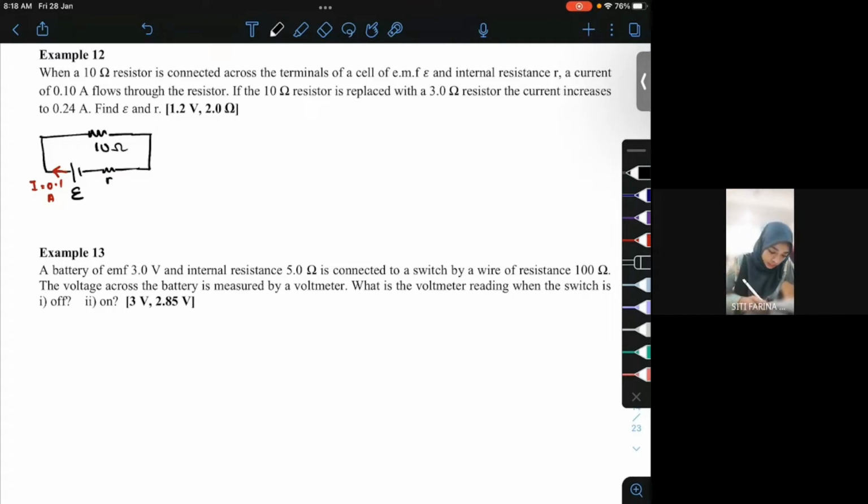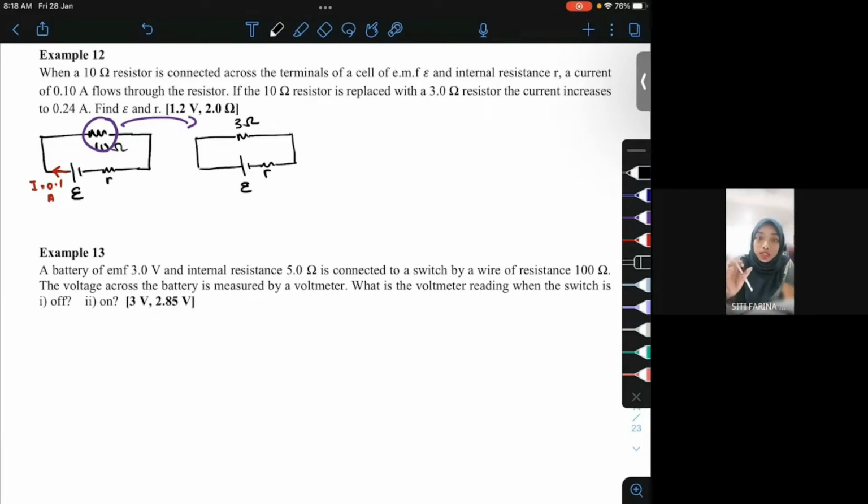So maksudnya sekarang apa yang kita buat adalah kita ambil 10 ohm ni, kita tukar dia dengan yang 3 ohm. So contoh, circuit baru kita mempunyai resistor 3 ohm. Kita tukar resistor saja, bateri ni kita tak tukar. So nilai bateri kita masih EMF dengan internal resistance R.